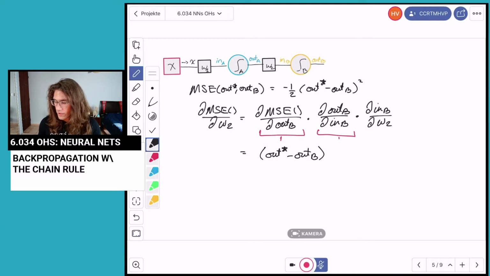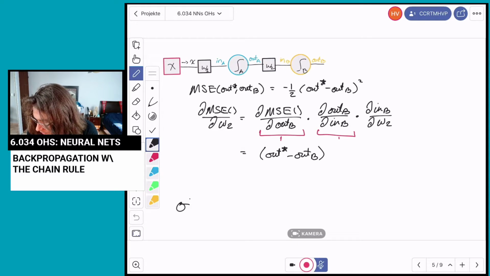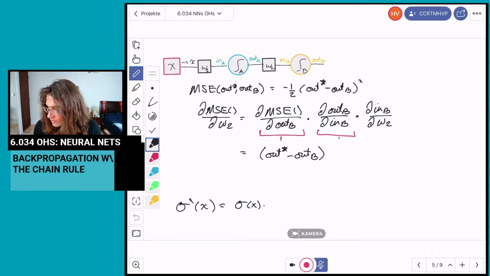The derivative of the sigmoid function, which is the threshold function that we're using. As a side note, the derivative of the sigmoid function is equal to the sigmoid function times 1 minus itself.